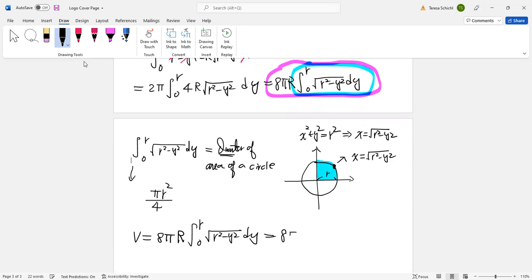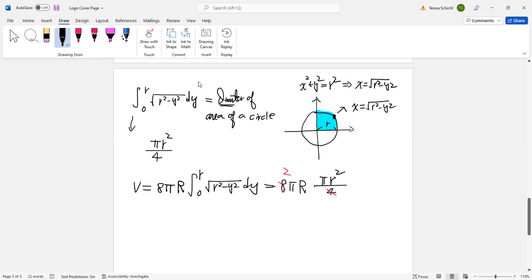So this is 2 pi R times pi r squared over 4. Now let's simplify: this is 4 and this is 2. So the final answer will be pi squared times r squared times capital R over 2.